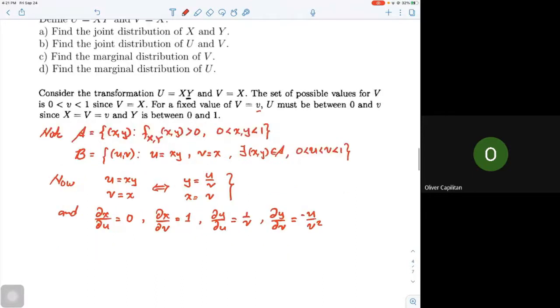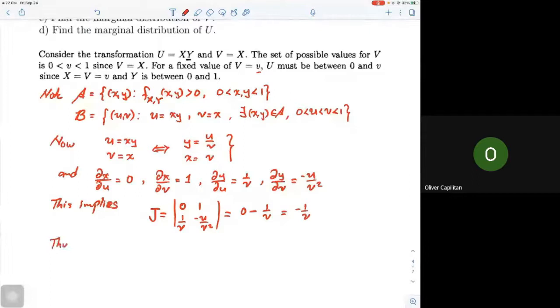So this implies now that the Jacobian of our transformation, J, is the determinant of these partial derivatives. We have 0, 1, 1 over v, and negative u over v squared. So the answer for this is 0 minus 1 over v, so we have negative 1 over v.